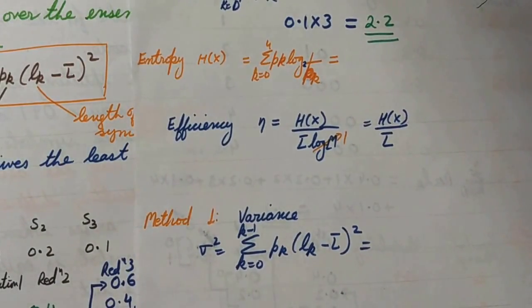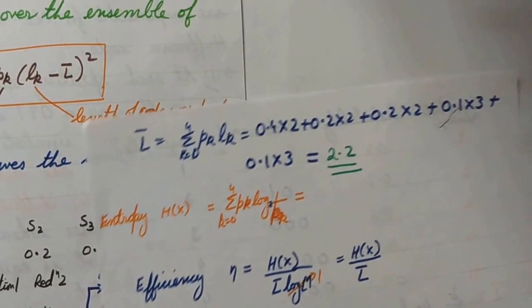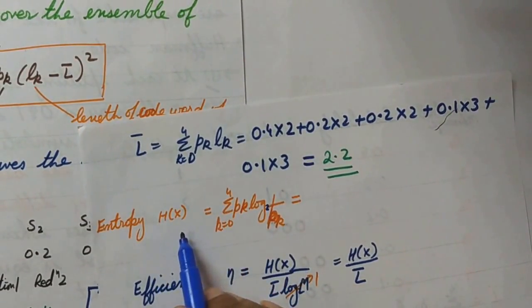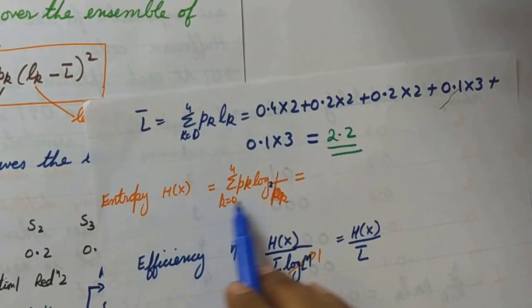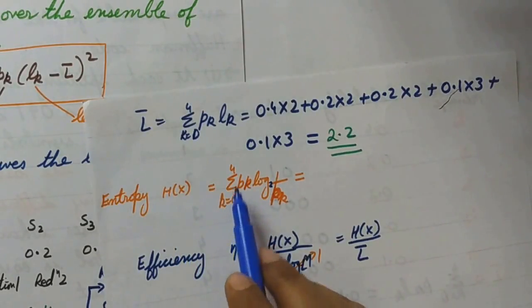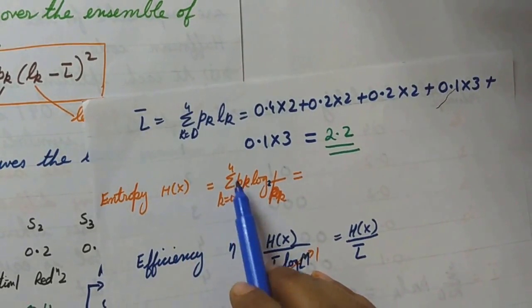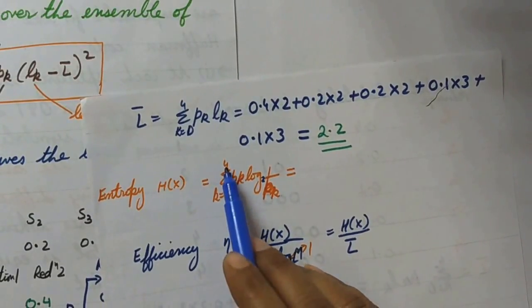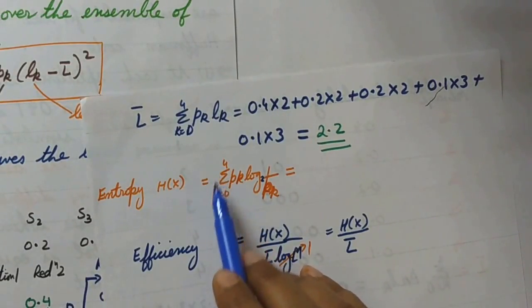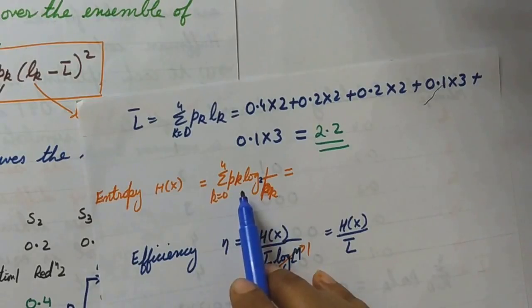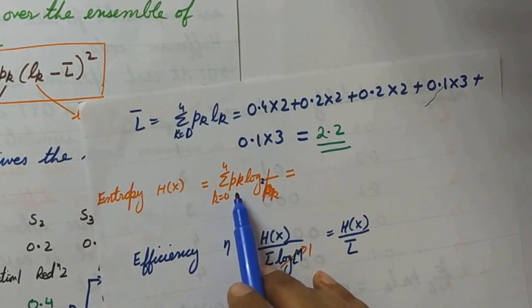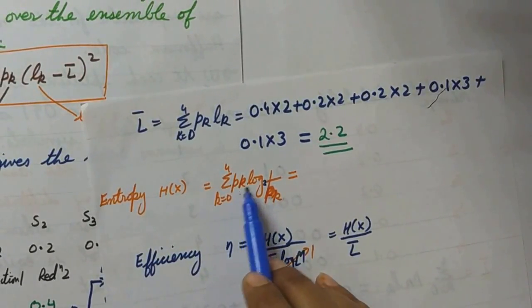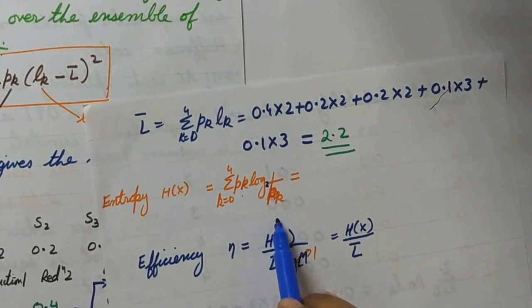So both the methods give the same L bar, and if I calculate the entropy, we know the formula of entropy is the summation over k equals 0 to 4, whatever the starting and ending values of k are, of the products pk log to the base 2 of 1 upon pk.